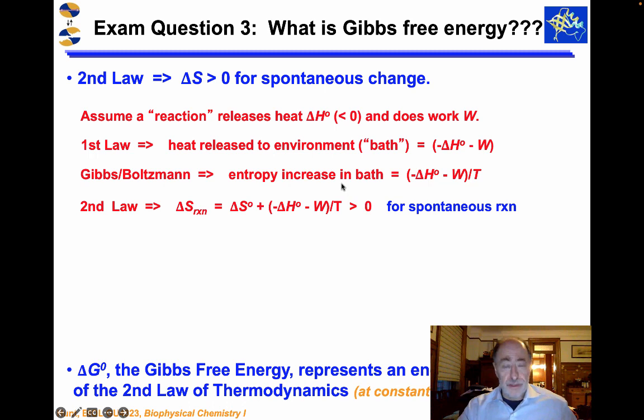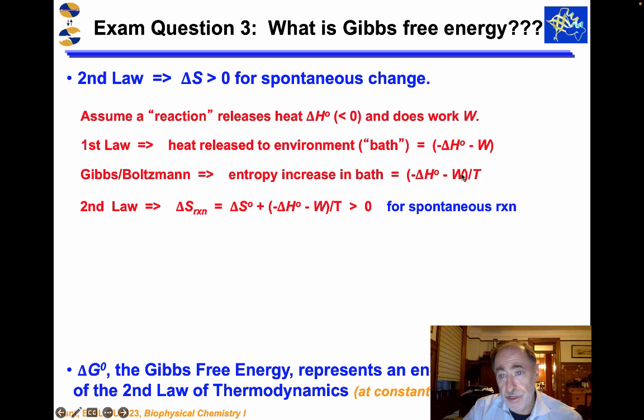So one very important source is the change in the entropy of the heat configuration, or the probability of the heat configuration, the number of ways you can arrange the heat when the heat is released to the solution, which we are calling the bath.